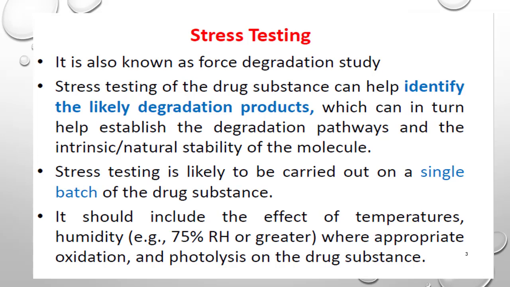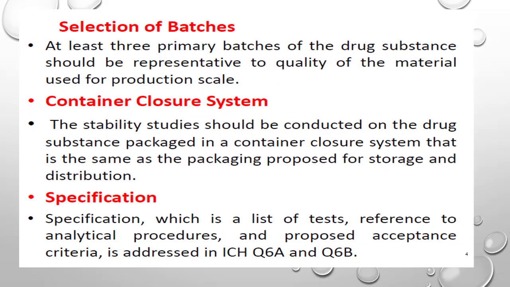Along with that, we want to develop its route of degradation and the possible degradation products. So we are exposing it to higher extreme temperatures and humidity where oxidation and photolysis of the drug substance can take place.